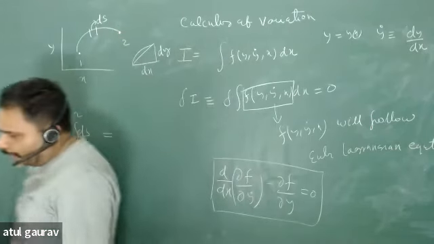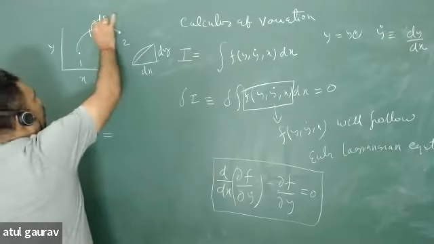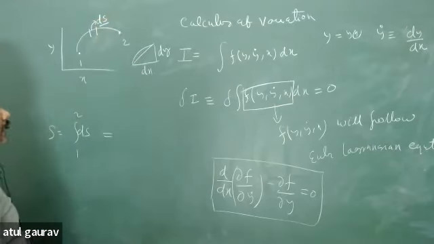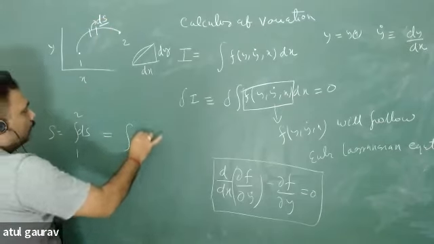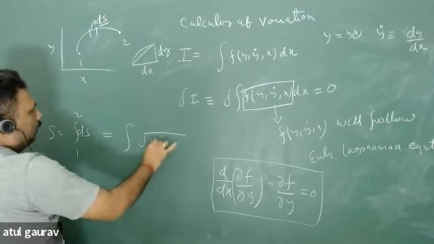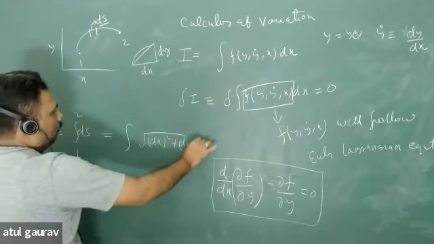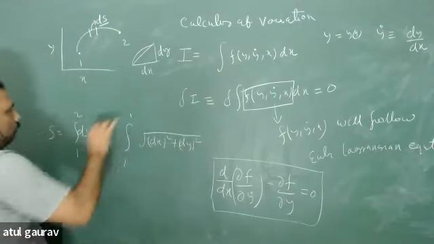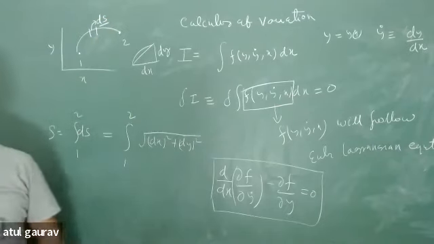You remember all this calculus, isn't it? Because this is an elemental length, and I can write it as root under dx square plus dy square. We have to go from 1 to 2. Are you people happy?